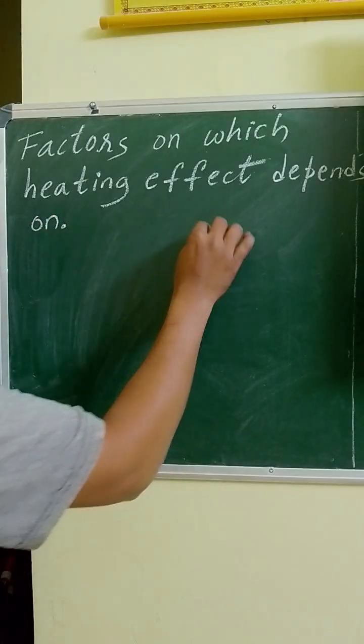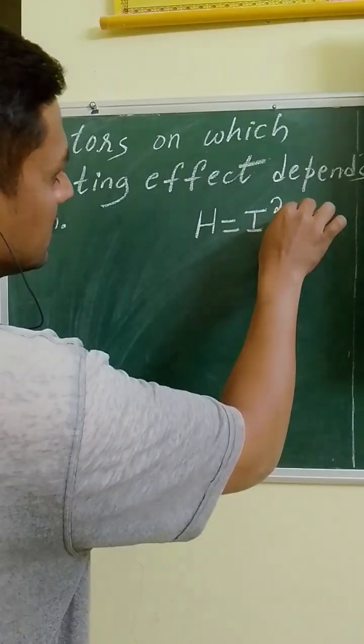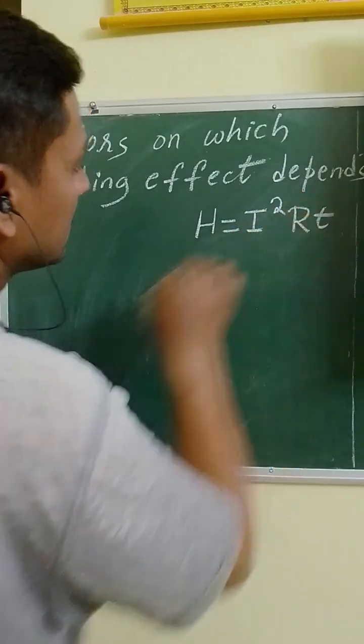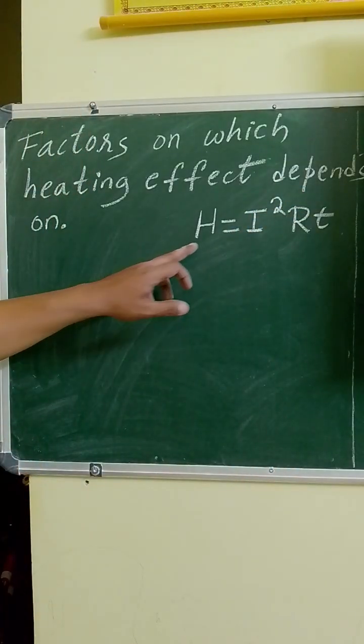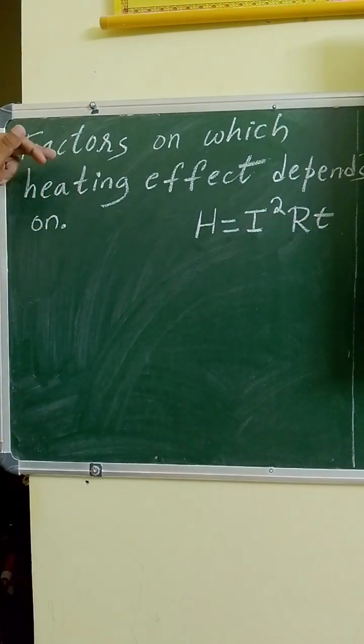Let us first write the formula, that is H is equal to I square R t.